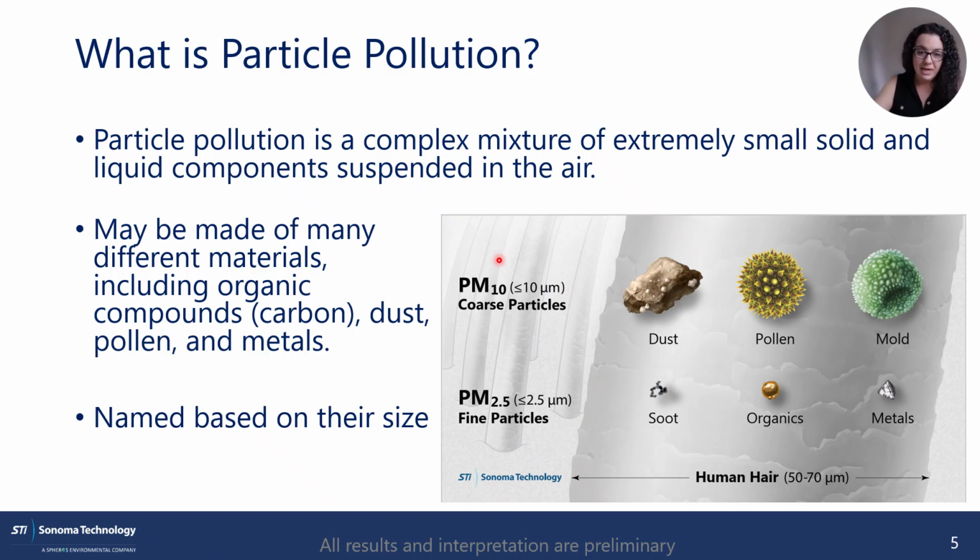Now, you could fit 5 to 7 PM10 particles in the diameter of a human hair. For PM 2.5, you could fit even more of those into one diameter of a human hair, right? So we're thinking about really tiny scales, but that's just to give you an idea of how small these particles are.